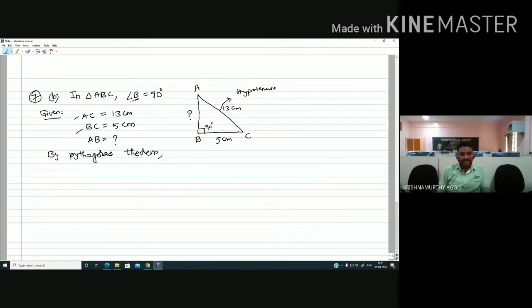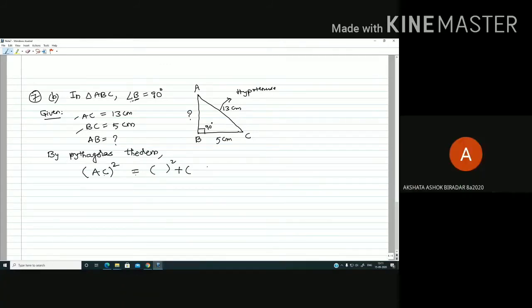What does the Pythagoras theorem say? Square of the hypotenuse. What is the hypotenuse here? AC. So the square of the hypotenuse is equal to the sum of the squares of the other 2 sides, base and height. The other 2 sides are AB and BC.